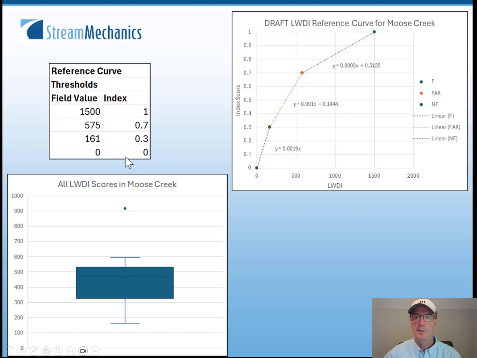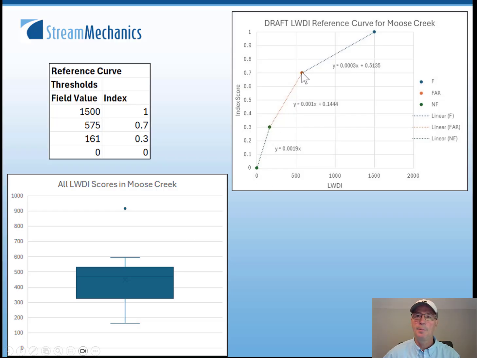I'm going to start with the 0. They said 0 wood equals 0 functional capacity, so that's pretty easy. Then they said, all right, we're going to set the 0.3 at 161, which was all the way down here at the minimum number that they found. It's kind of the outlier of the low, so that's setting the very low values as not functioning.